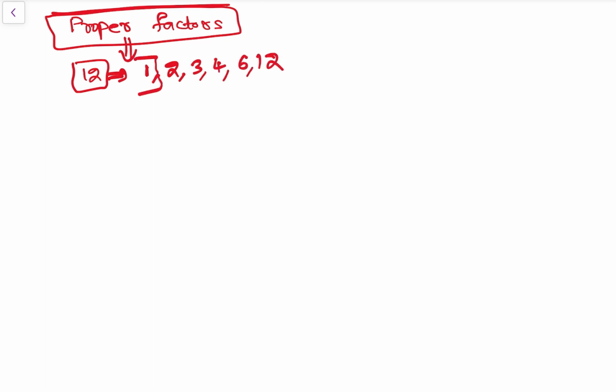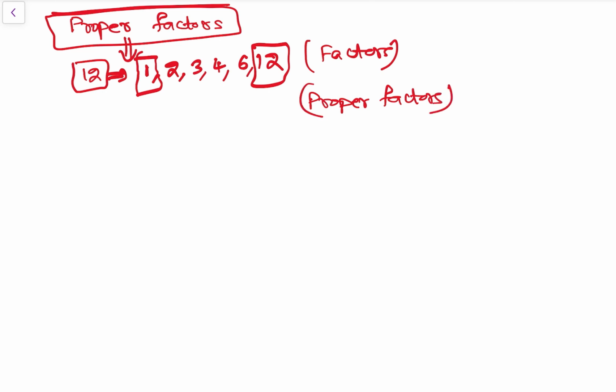In proper factors we don't take 1 and 12. We don't take the number itself and 1. So we will take 2, 3, 4, 6. These are the proper factors of 12.